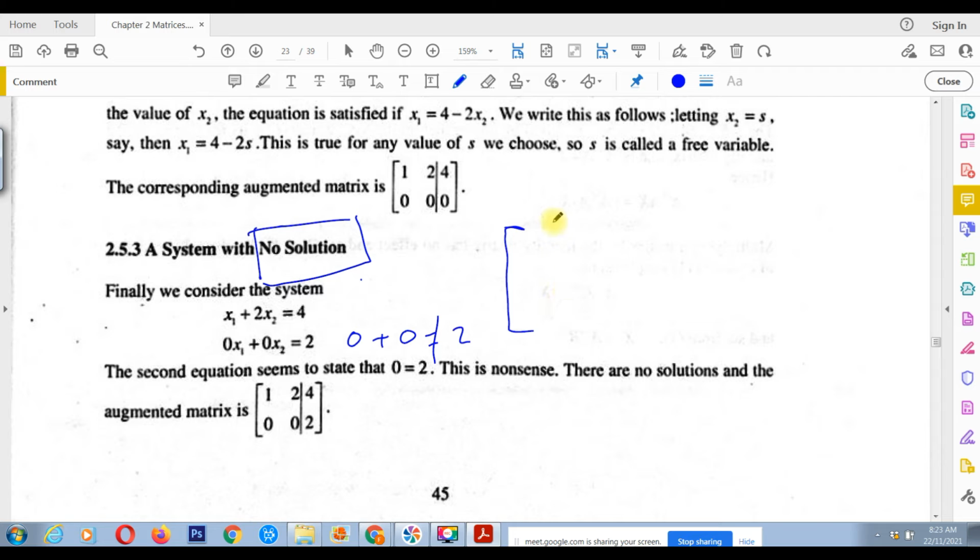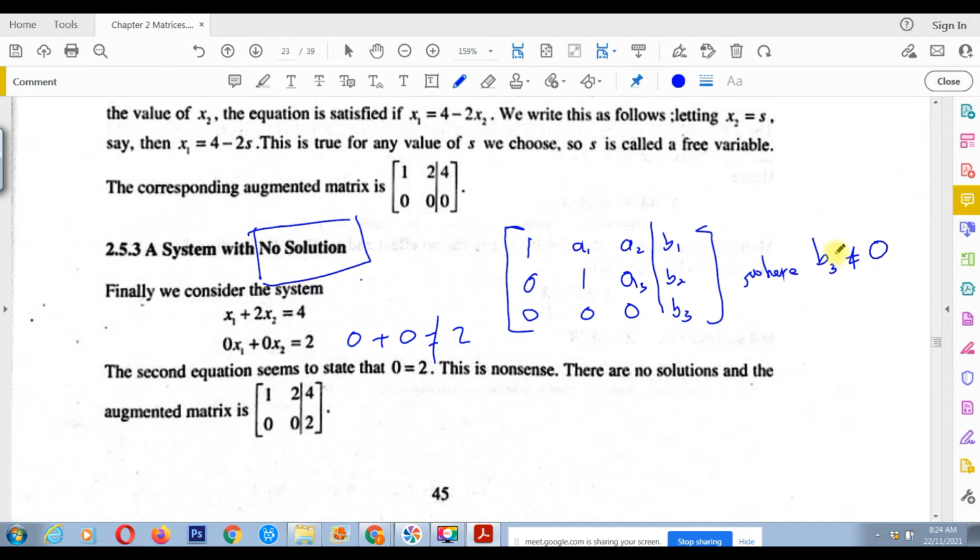If it is a 3 by 3 matrix, what should we do? For example, in general, maybe A1, A2, 0, 1, 0, 0, A3, then 0, 0, 0, and then we have B1, B2, B3, where B3 does not equal 0.